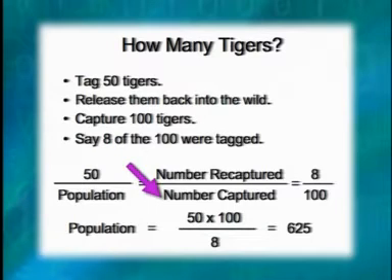So in other words, among the 100 that you captured the second time, 8 of them had ear tags. So if 8 out of 100 had ear tags, you'd expect the whole population to reflect the same proportion. So just doing the math here, we see that the population would be estimated to be 50 times 100 over 8, or 625 tigers in the jungle.